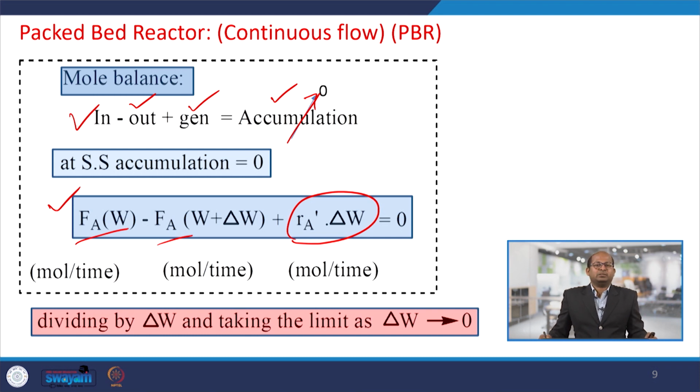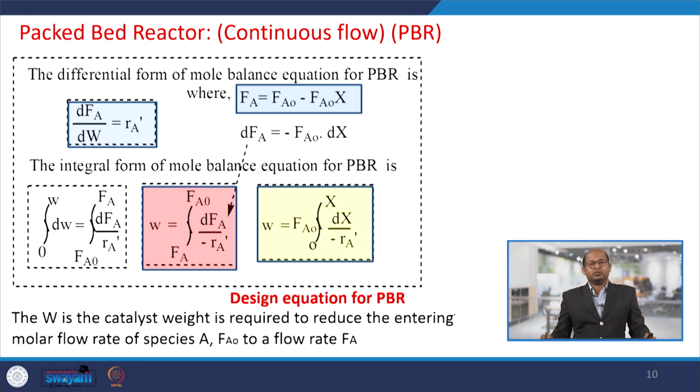Then we divide the left hand side and right hand side of this equation by delta W, and take delta W tends to 0. After rearranging, we get dFA by dW equals RA prime. This is the differential form of the design equation of packed bed reactors.